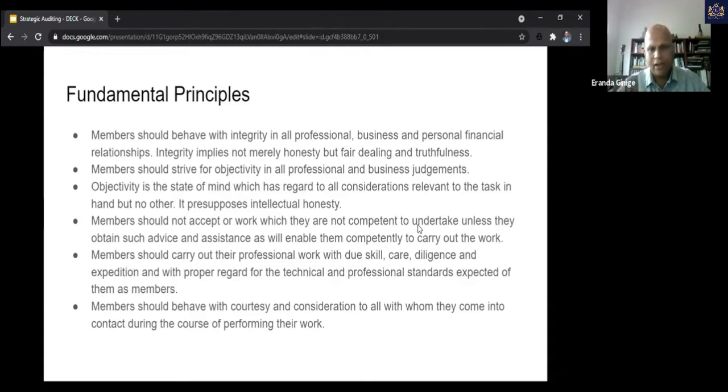And members should carry out their professional work with due skill, care, diligence, and expedition, and with proper regard for the technical and professional standards expected of them as members. So auditors, it's a very serious thing. You will usually find them to be not very friendly people, right?